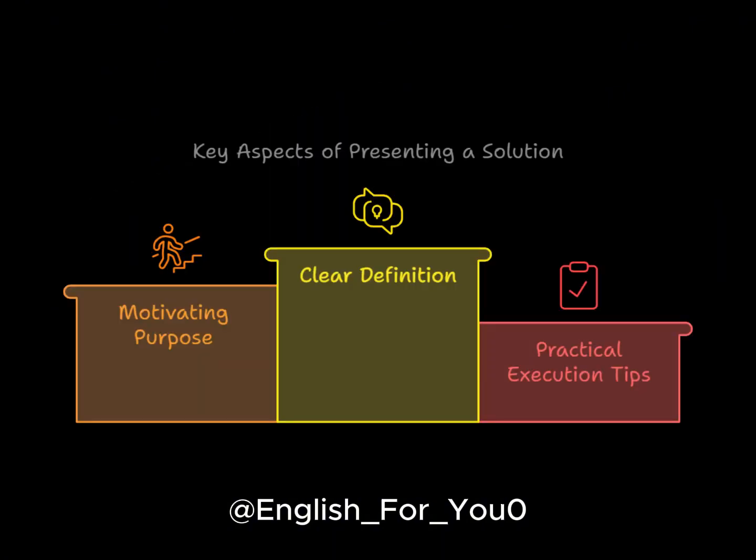Right, and this is where you really get to shine as a problem solver. But here's the thing. It's not enough to just present a solution. You need to acknowledge the potential obstacles, the challenges in implementing it. So it's like preemptively answering their doubts, showing them that you've really thought this through. Exactly. For example, you could say, I know that transitioning away from single-use plastics seems daunting, maybe even inconvenient, but then you follow that up with a powerful counterpoint.